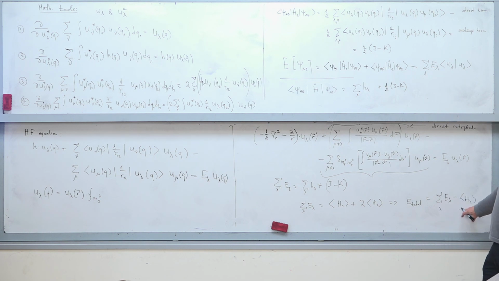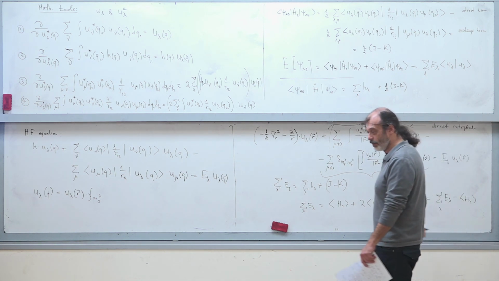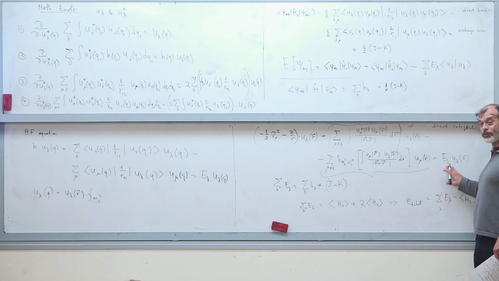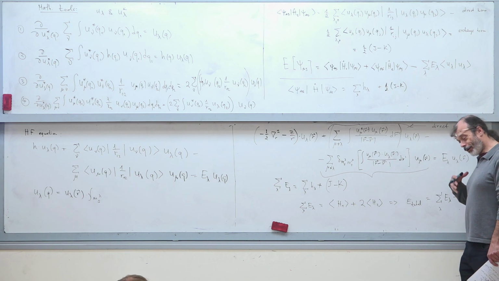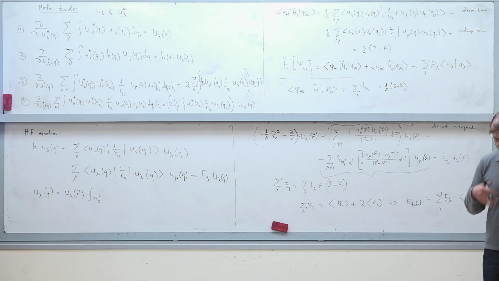The total energy is less than the sum of the energies of all orbitals by this expectation value of H2. This is essentially exactly the exchange energy that reduces the total energy. So the meaning of E lambda is essentially how much energy I should apply to the system in order to remove the electron from this orbital.